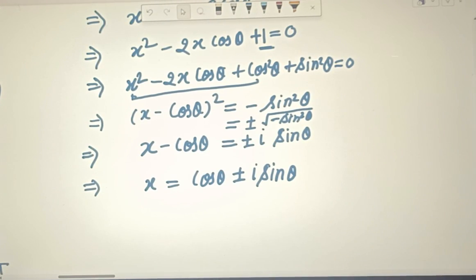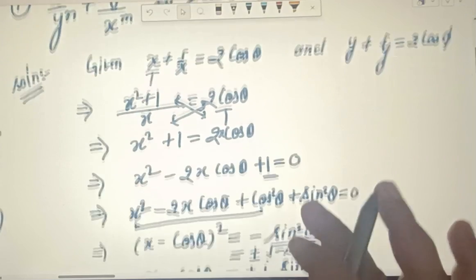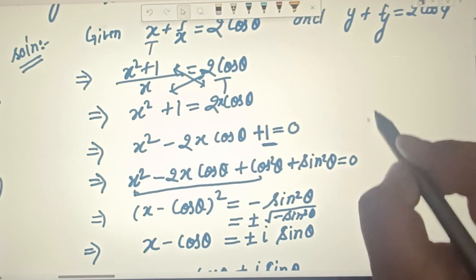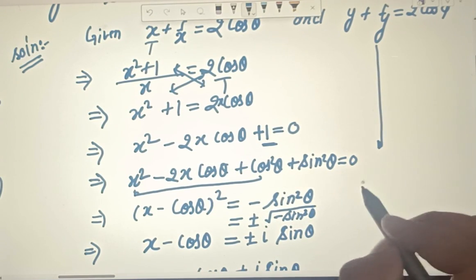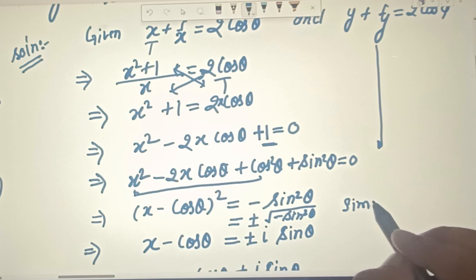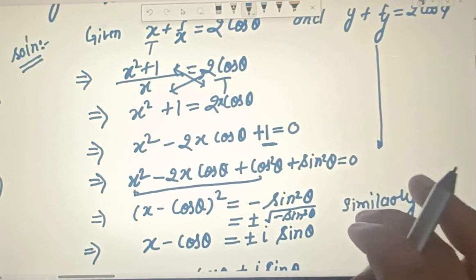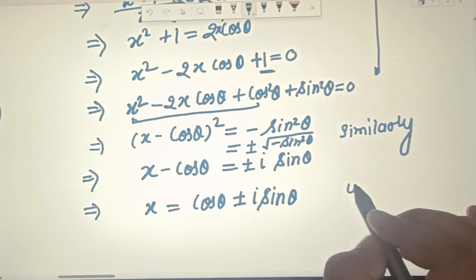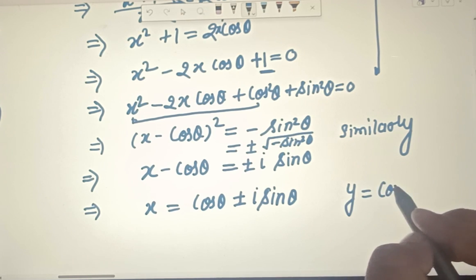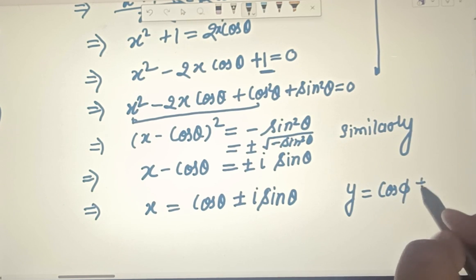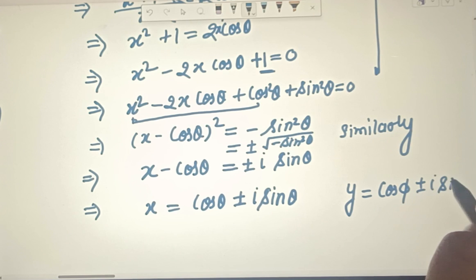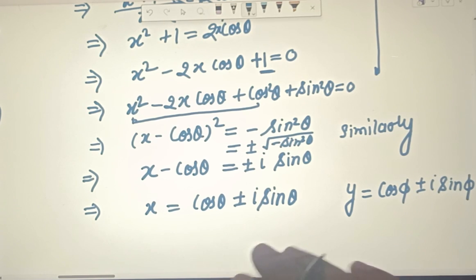So I will take one of the values, and similarly I will say for y, with the same steps, the value of y will be cos phi plus minus iota sin phi.